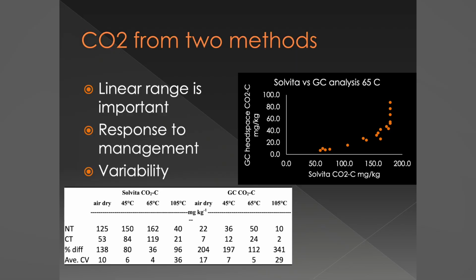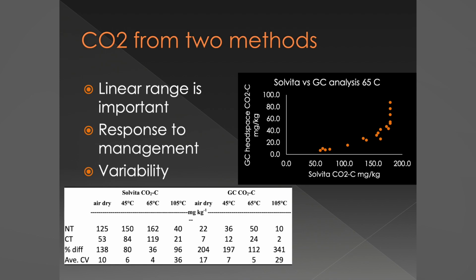The methods are typically highly correlated, but they're extremely sensitive to the drying condition that you put the soil under, to the temperature of the lab, to the hours under incubation. There's a lot of things that they're very sensitive to. And here's an example. This is the Solvita method down here, and this is a method that we use in our lab because it's a lot cheaper for us.